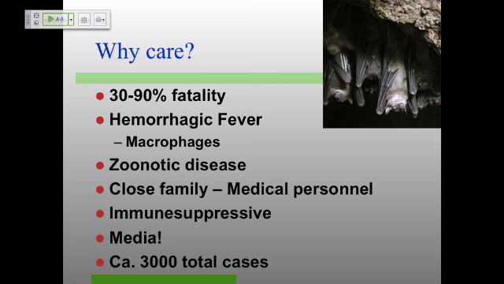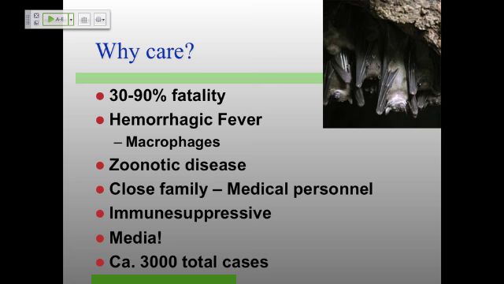And most of the time with medical personnel, it's a needle stick. It's something where people have just not been as careful as they really should have been, which is a challenge, particularly if you think about where a lot of this is happening. It's really very much developing world kinds of diseases. Clearly immunosuppressive, that probably has to do with the infection of the macrophages.